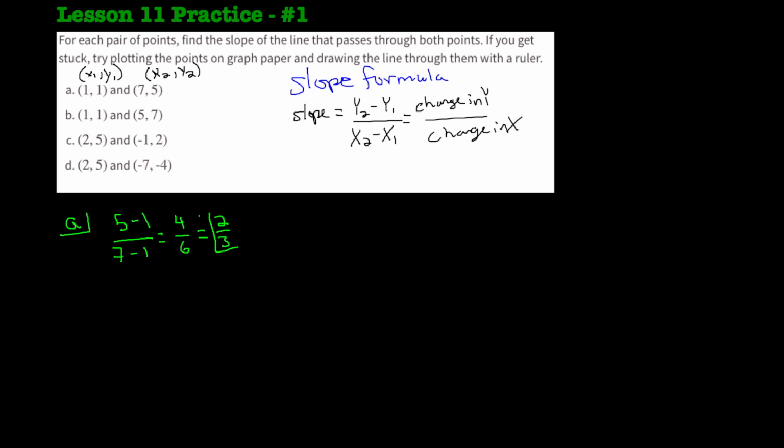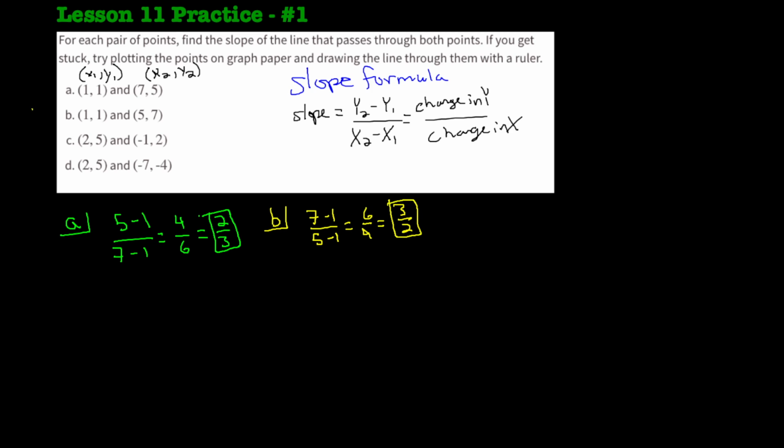Make sure that you're reducing those fractions for yourself. For part B, or for that second set of points, make sure you change this around now. So I'm going to say I have 7 minus 1 over 5 minus 1. So now we should have, this is 6 over 4, which is the same as 3 over 2.